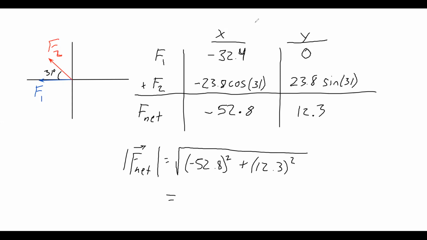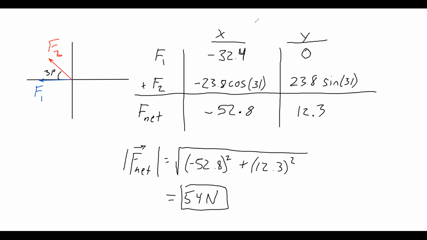So square root of 52.8 squared, plus the 12.3 squared. All right, so you get 54. All right, that's my answer.